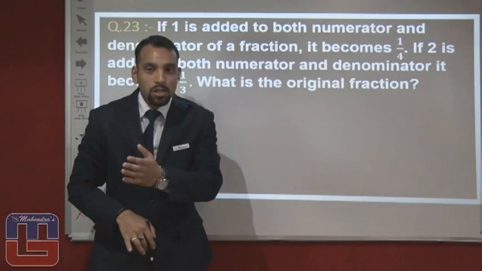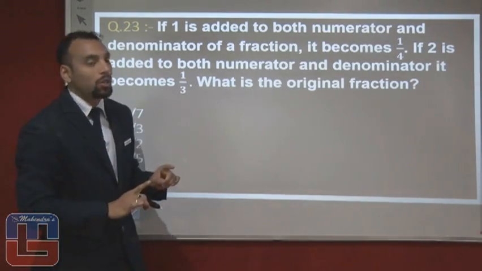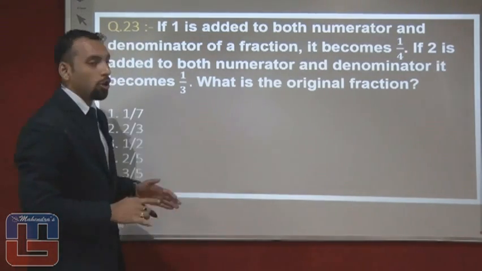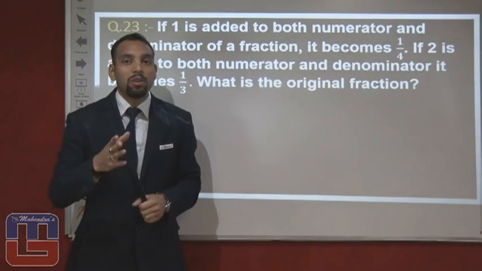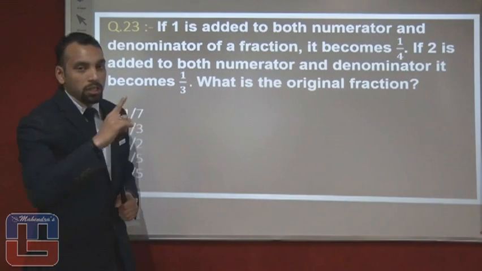Now the next question is from fraction. This question we will also solve by picking the option. Firstly, we will discuss the traditional method. What is the traditional method? Read the question carefully first.